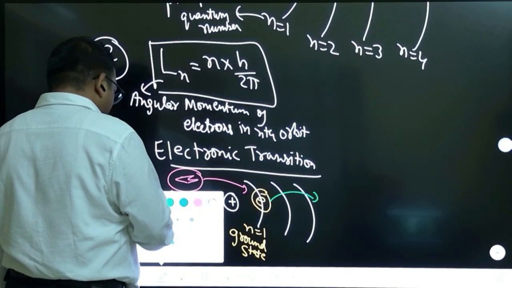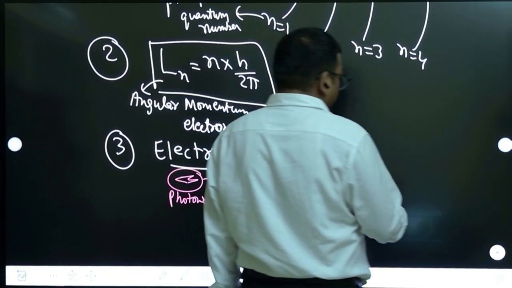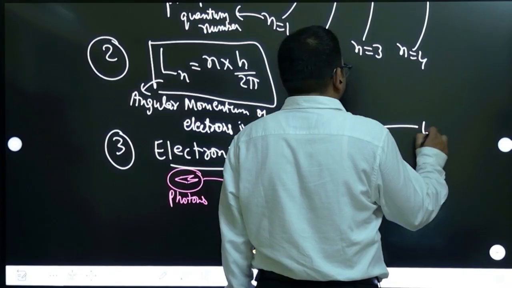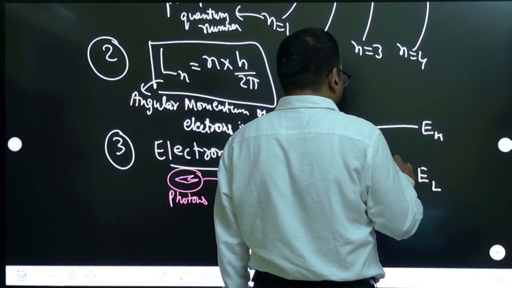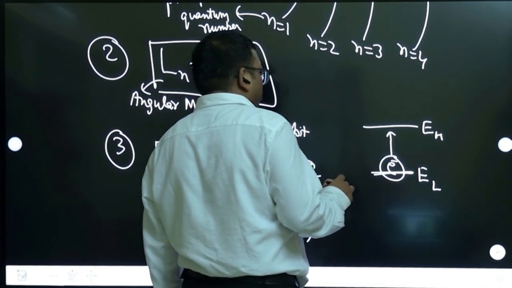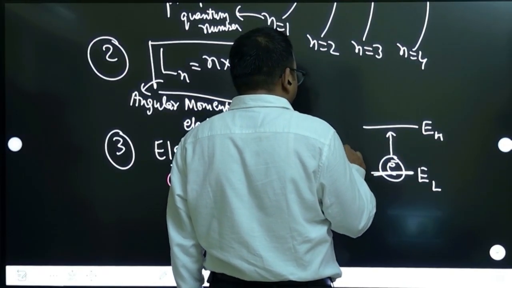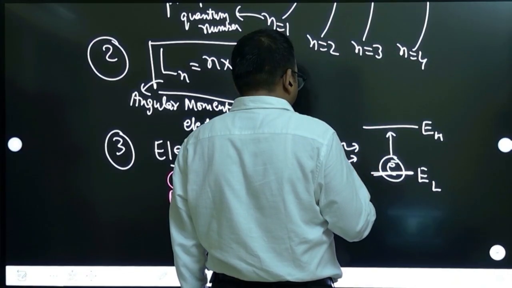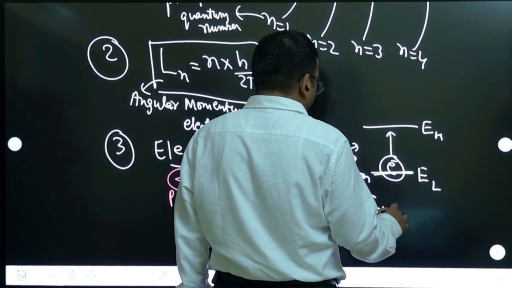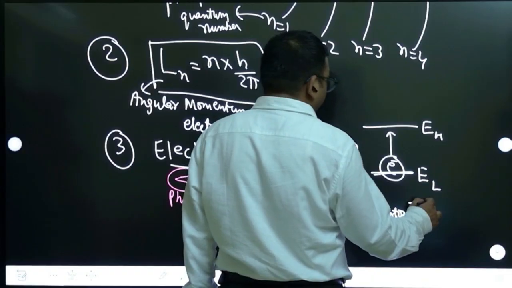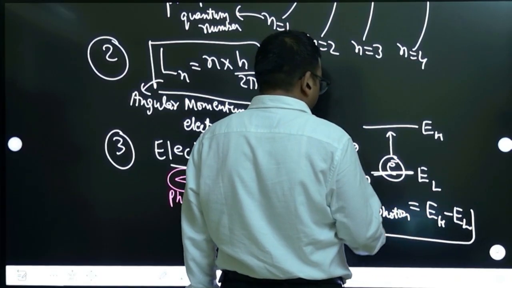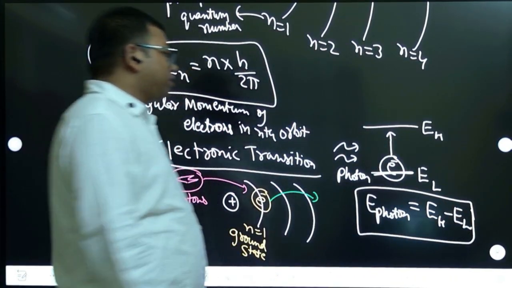If the electron is jumping from the lower to the higher level, then the photon energy must be the energy of the higher level minus the energy of the lower level.